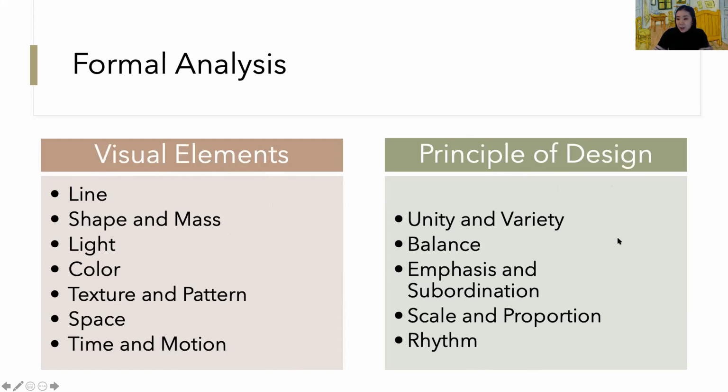And we just saw the principles of design, right? Unity and variety, balance, emphasis and subordination, scale and proportion, pattern and rhythm. With these visual elements and the principles of design, we can analyze a work of art without any research.